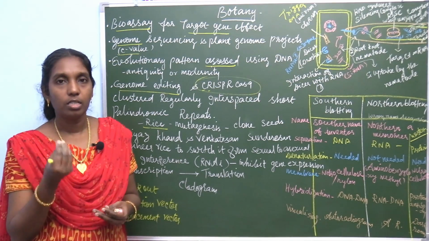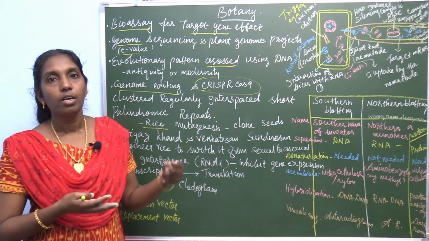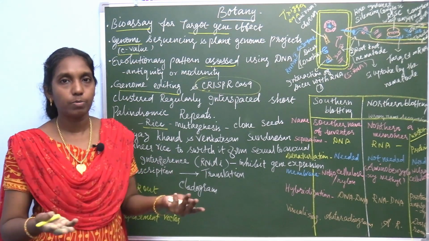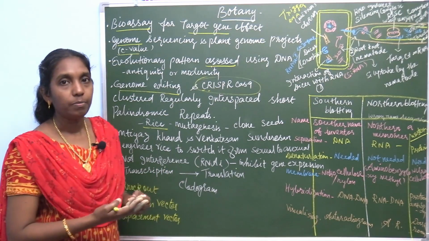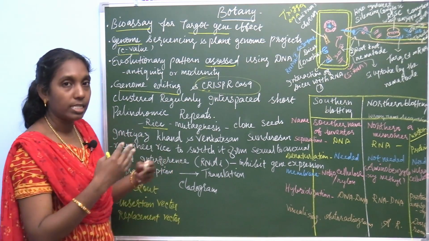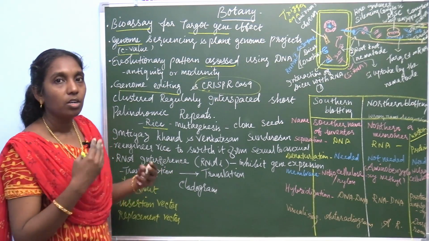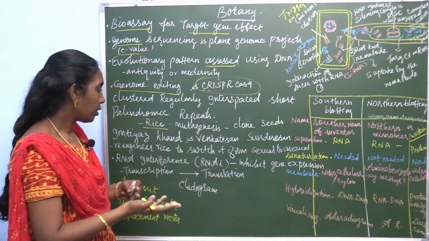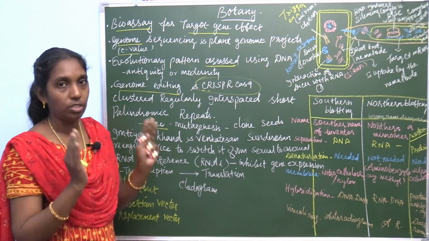The genes express all the traits, all the characters and features of living organisms. When the genes are expressed, there are functioning genes and non-expressor genes present. All these characters are within the genome.